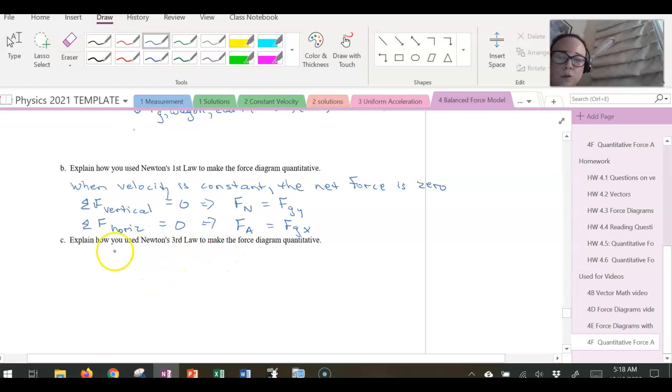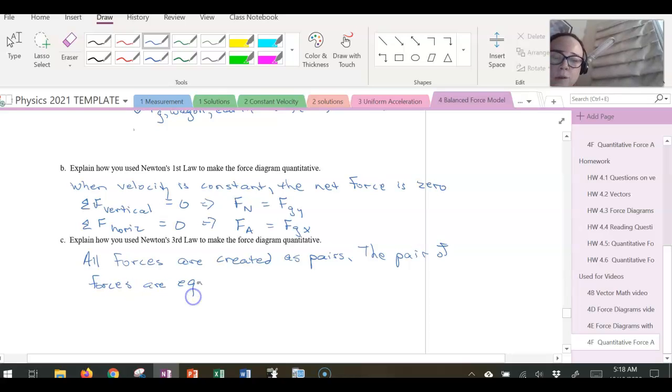What about Newton's third law? So Newton's third law says that all forces are created as pairs. The pair of forces are equal in magnitude but opposite in direction.